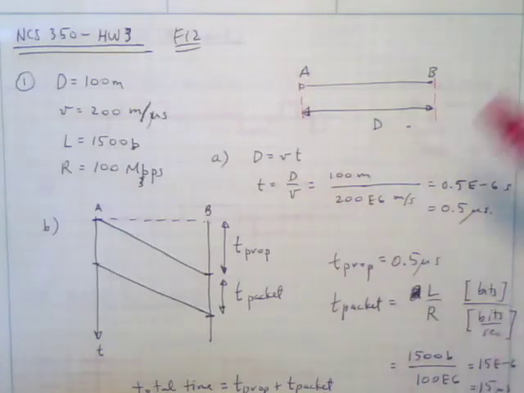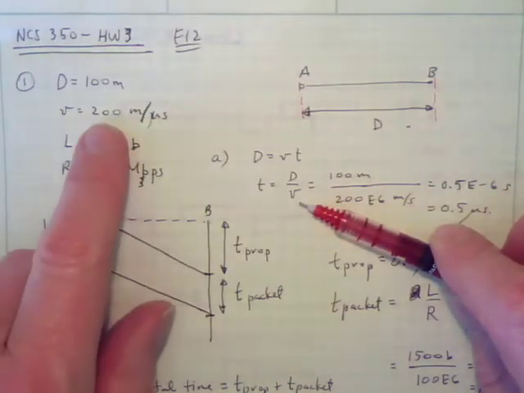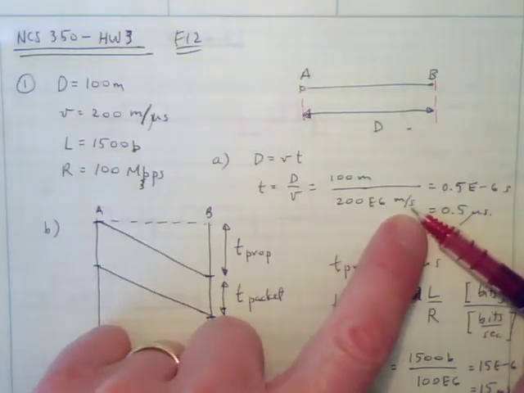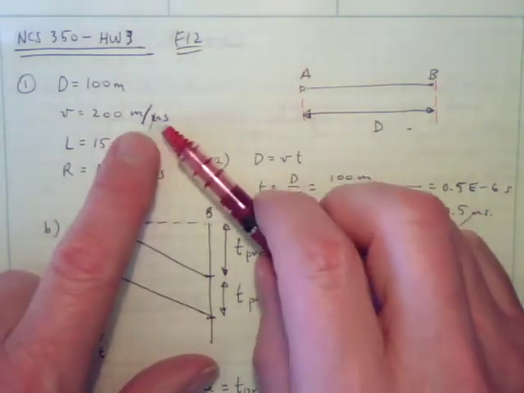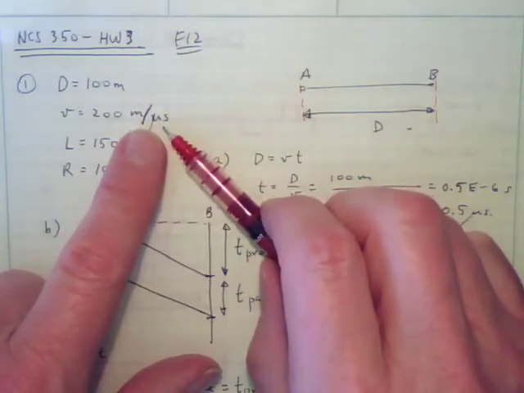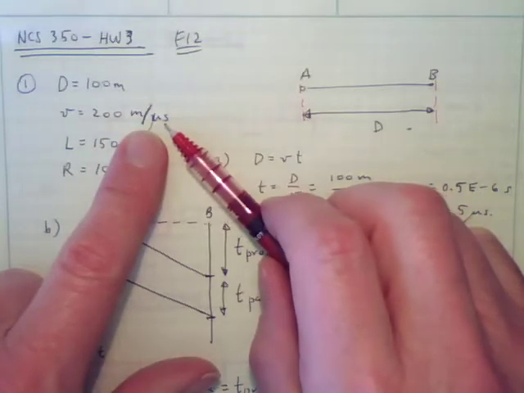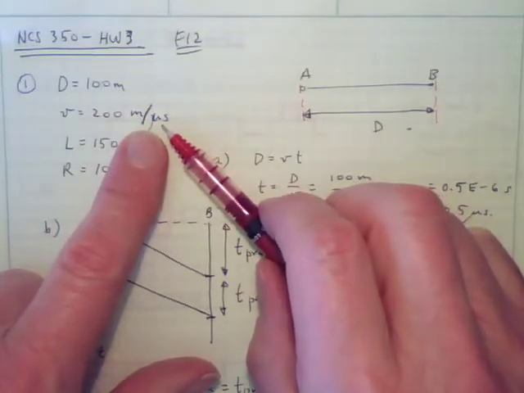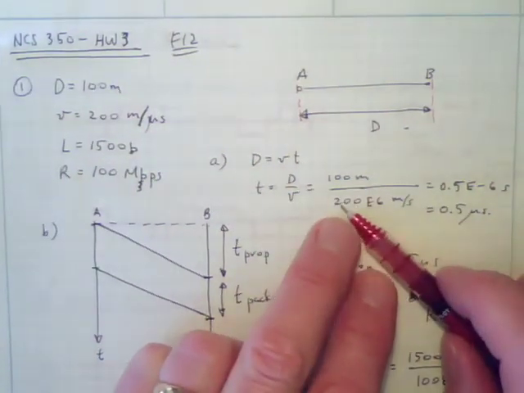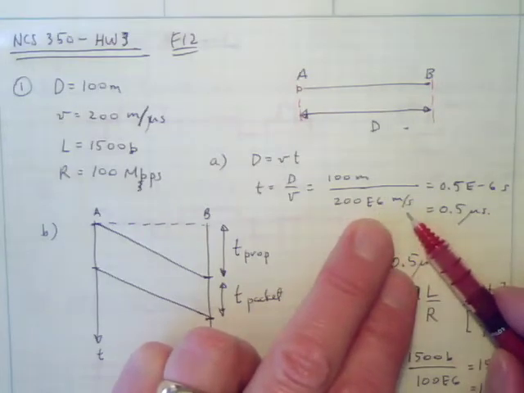I'm going to plug in the distance d is 100 meters, and instead of plugging in a 200 here, I'm going to plug in 200 times 10 to the 6th meters per second, because 1 meter per microsecond is 10 to the 6th meters per second. In other words, if it goes 1 meter in a microsecond, it's going to go 1,000,000 meters in a whole second. So I wrote in here 200 E6 meters per second.